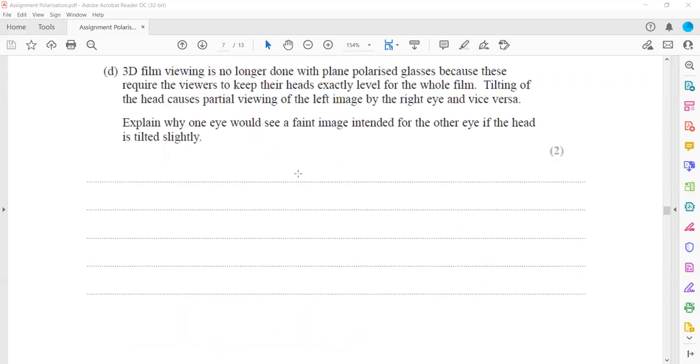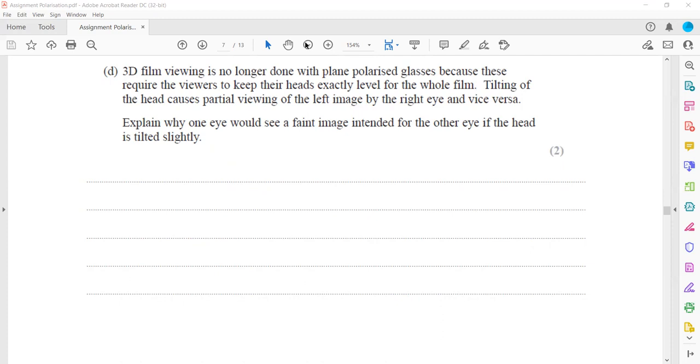3D viewing is no longer done with plain polarized glasses, because these require a viewer to keep their head exactly level for the whole film. Tilt of the head causes a partial viewing of the left image by the right eye, and vice versa. Explain why one eye would see a faint image intended for the other if the head is slightly tilted.